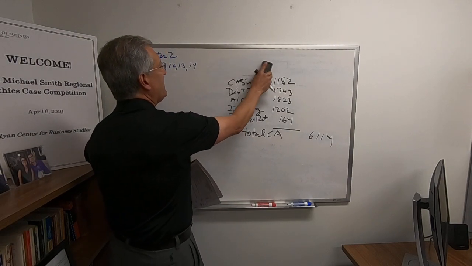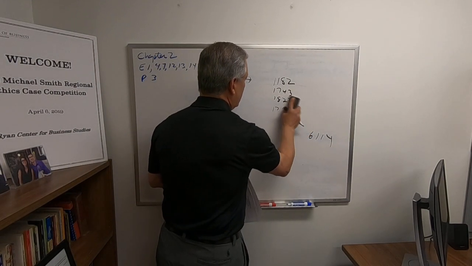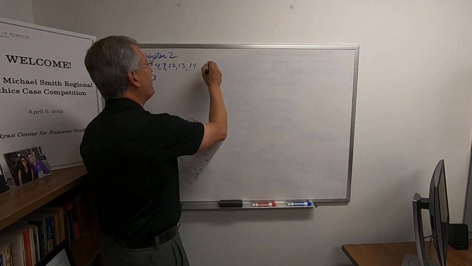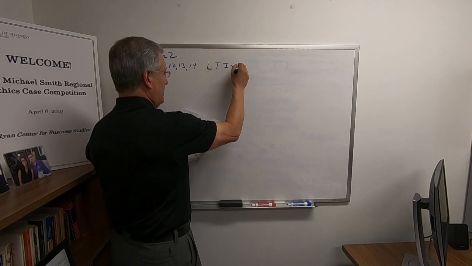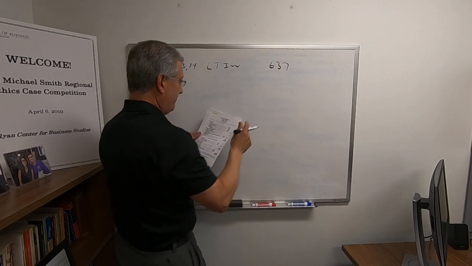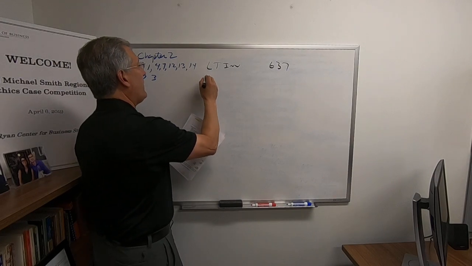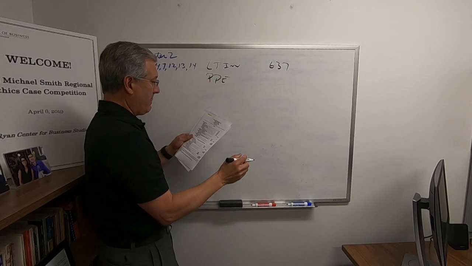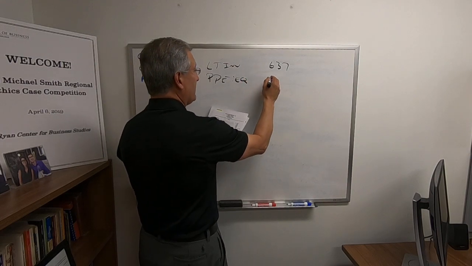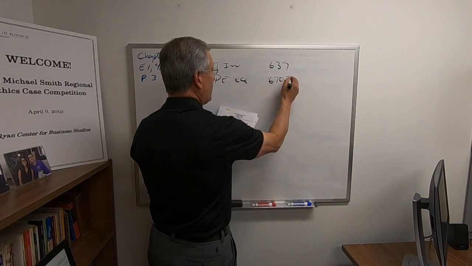You would then move on to the rest of the balance sheet, and you would have long-term investments, which are 637. And then you're going to have property, plant, and equipment. You're going to have the equipment at 6705.